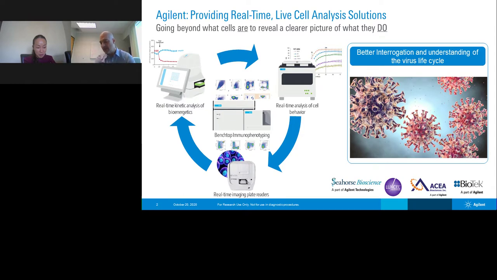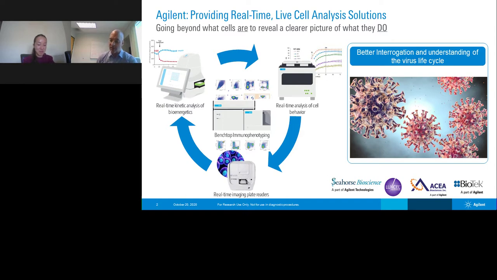What we see is that first, they differ in magnitude of the Z prime factor, and then also the window over which that Z prime factor remains excellent. So let's talk about magnitude. The fact that the magnitude of Z prime is higher based on an impedance readout than it is based on an imaging readout tells us that you can more clearly distinguish the positive and negative controls using impedance than you can using imaging.